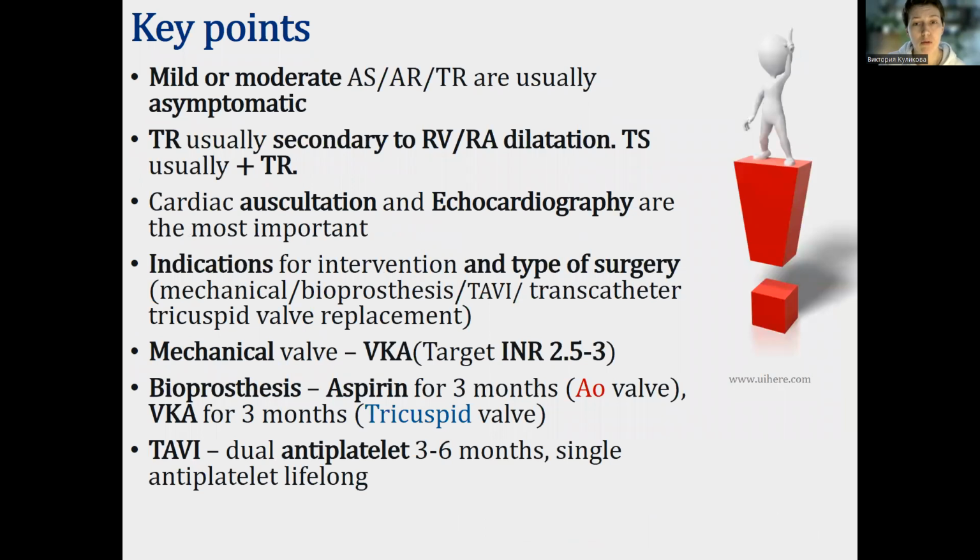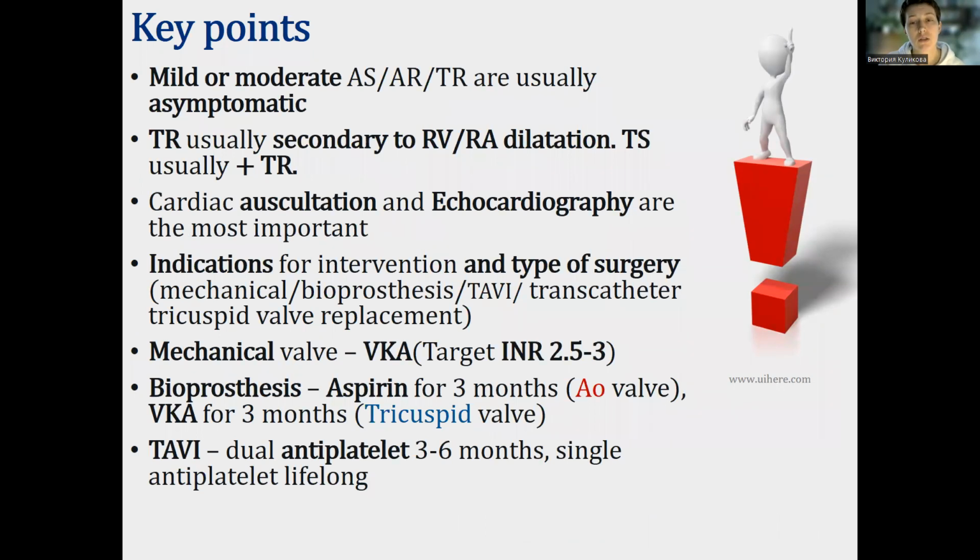So now, to sum it up, let me give you some key points of our lecture today. Mild and moderate valve disorders are usually asymptomatic. Tricuspid regurgitation is usually secondary to right ventricle and right atrial dilatation.